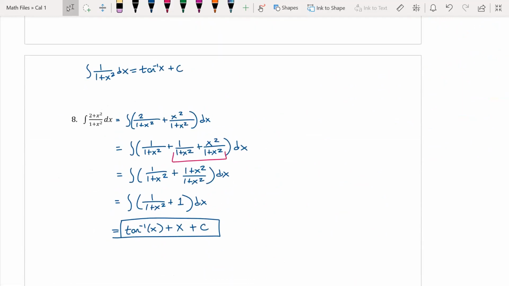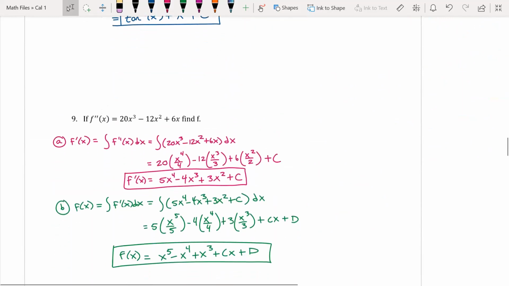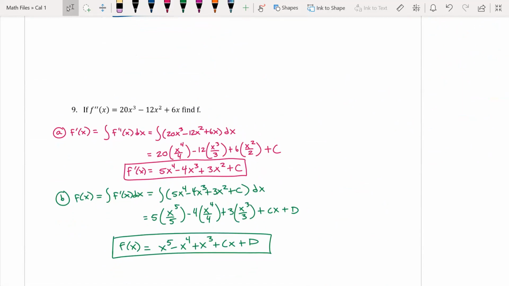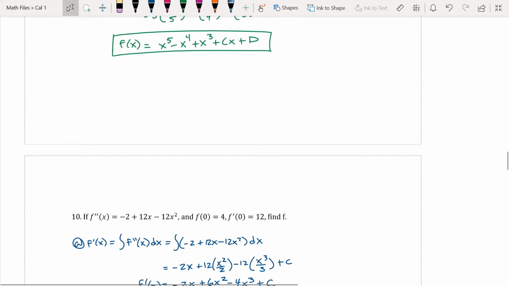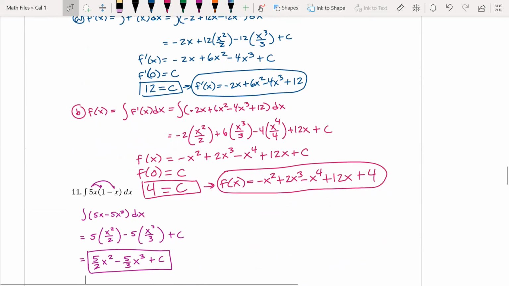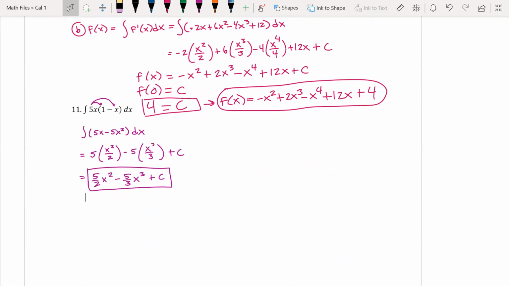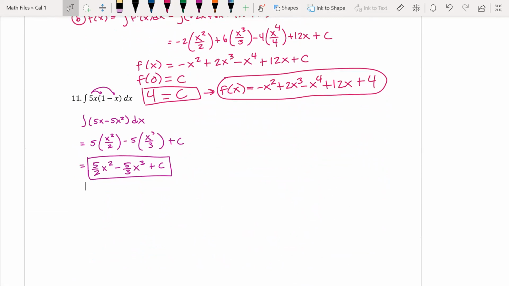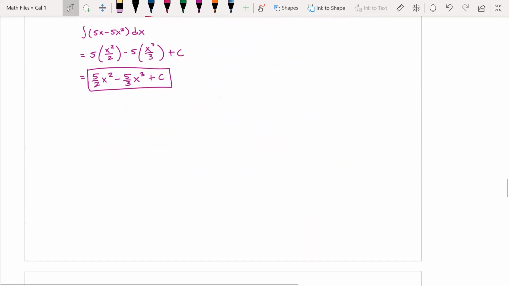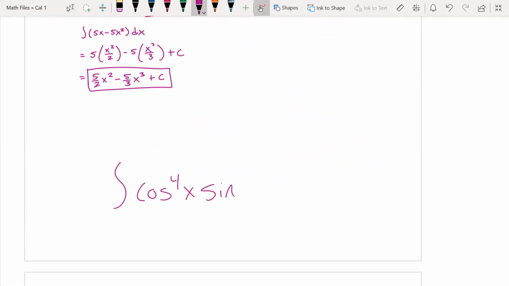These get a lot worse, but if you know your trig and algebra, you'll be fine. We saw trig in this class, it wasn't crazy, but you'll see trig in Cal 2 and it gets pretty insane. You'll get something like the integral of cosine to the 4th x and sine to the 5th x dx.